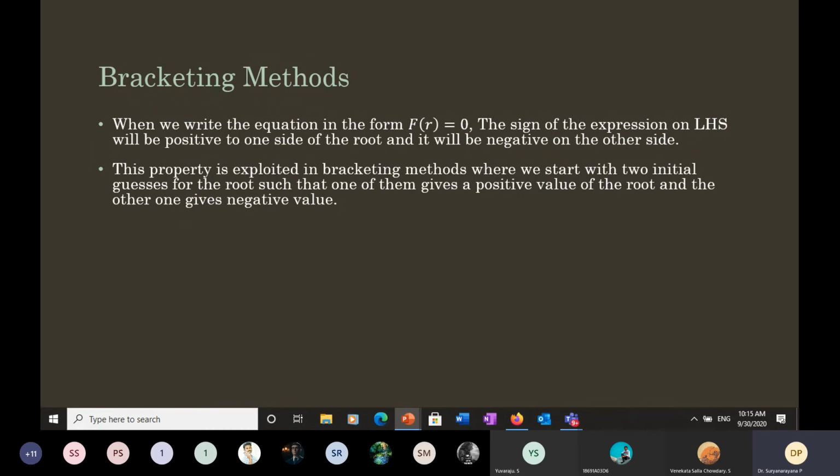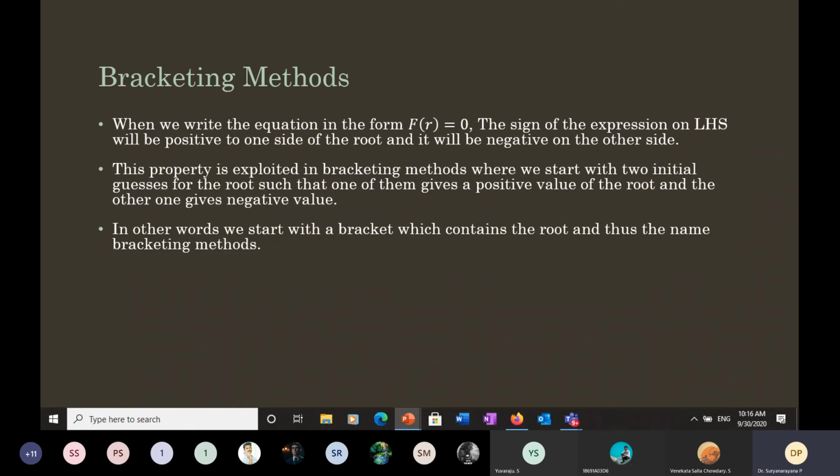This is important because if a function is taking a positive value at a point and a negative value at another point, you can always be assured that in between those two points there has to be at least one point at which the function value is 0. Once you have two initial guesses like that, the problem boils down to making that bracket narrower and narrower. Decrease the width of the bracket and always make sure that your root stays in the bracket. So that is the idea of bracketing methods.